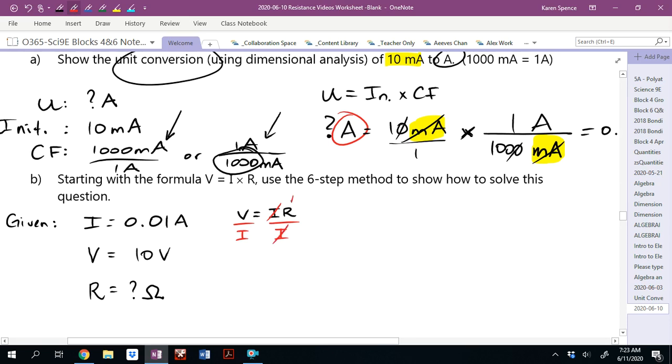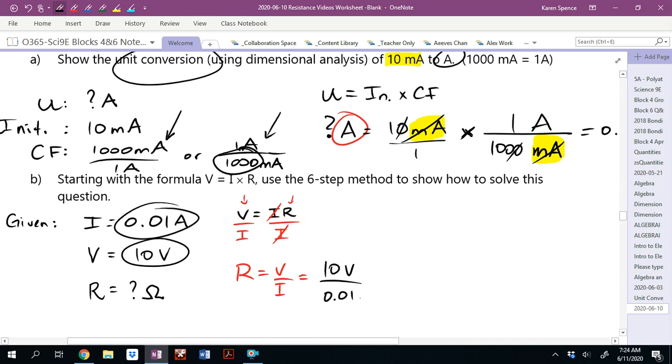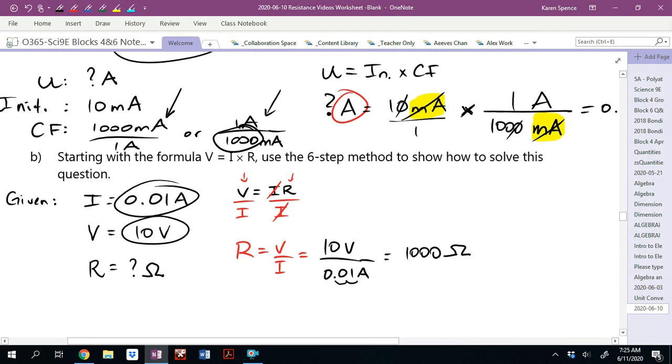Now we have R is equal to V over I. So I'm going to rewrite it here: R is equal to V over I. We have 10 volts as our voltage, so that's 10 volts over I, which is 0.01 amps. So this is 1000 ohms.